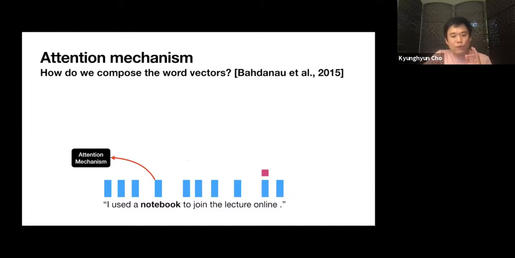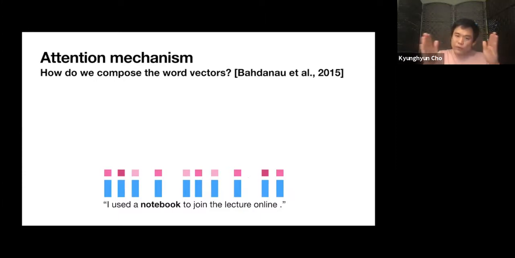And it's going to do that for every single word in the context. And eventually, we end up with the sequence of word vectors. And then for each vector, we have the associated attention weight with respect to the word that we are interested in. That is the word notebook in this particular case.